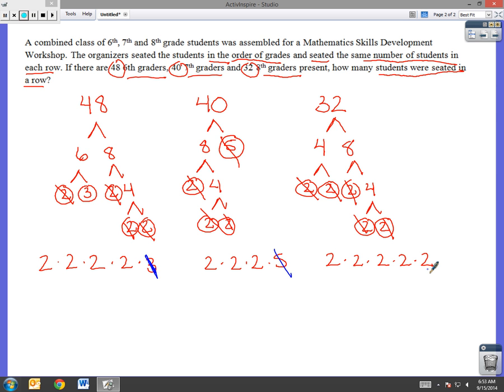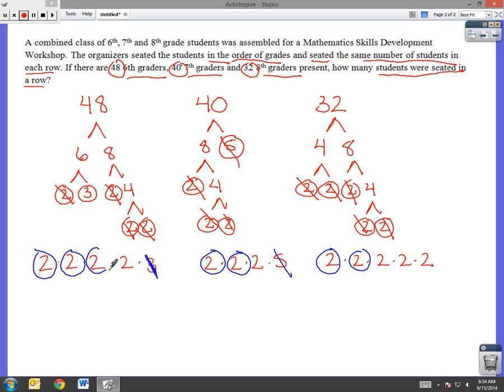They all have 2's in common, but how many factors of 2 do all 3 have in common? This one has 4, this one has 3, and this one has 5. They all have at least 1, 2. They all at least have two 2's in common.